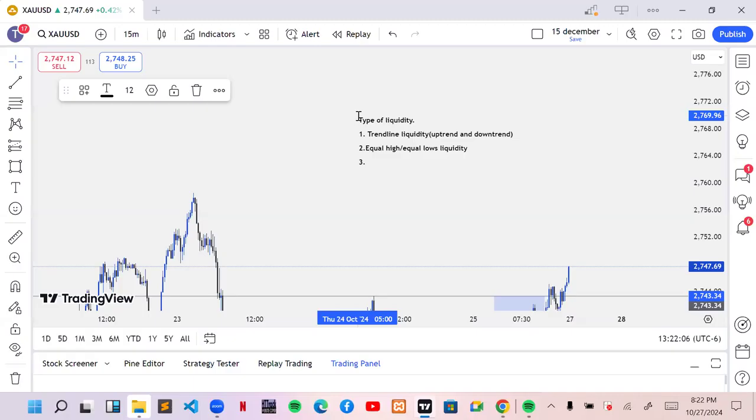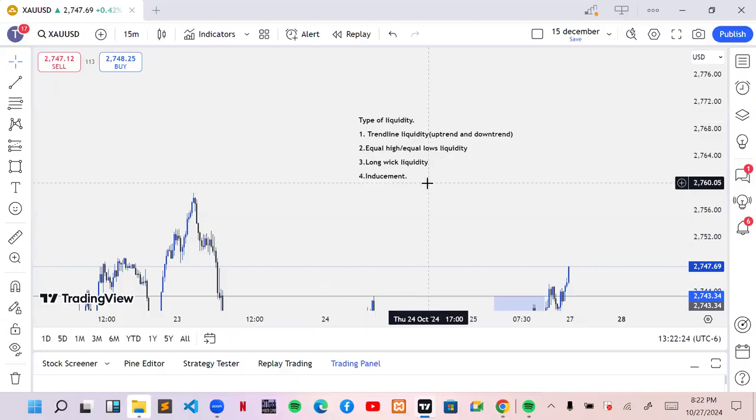There's long liquidity. And also there's the inducements, obviously, as you all know, it's also liquidity. So these are the types of liquidity there is in the market.